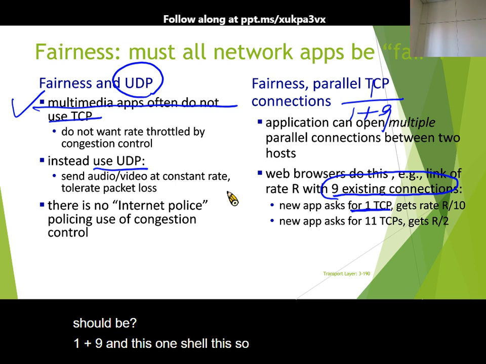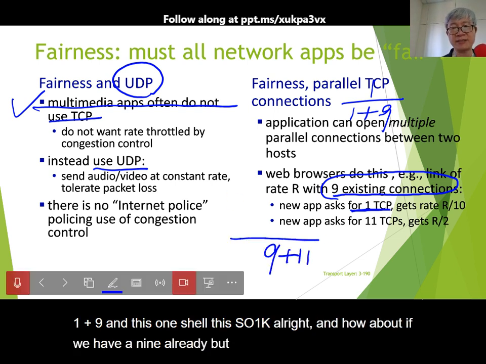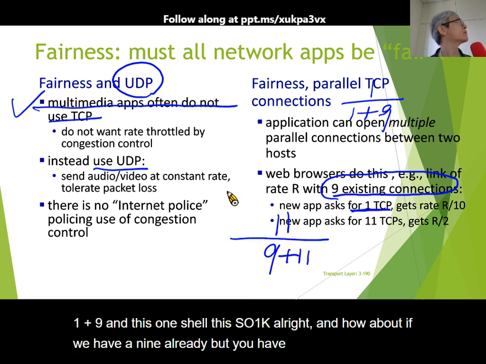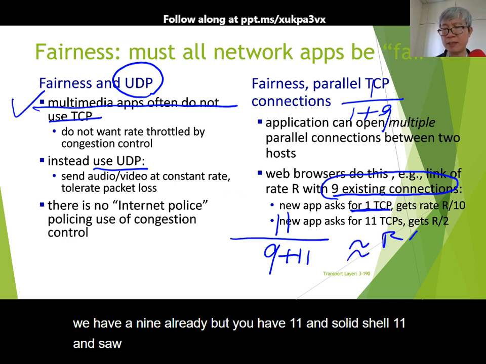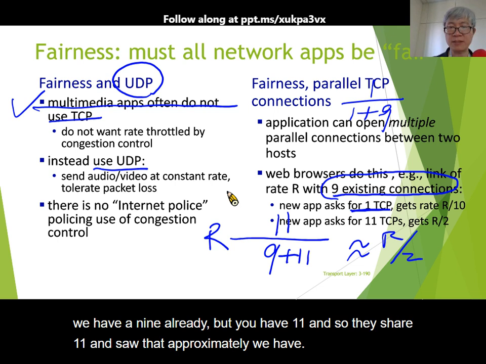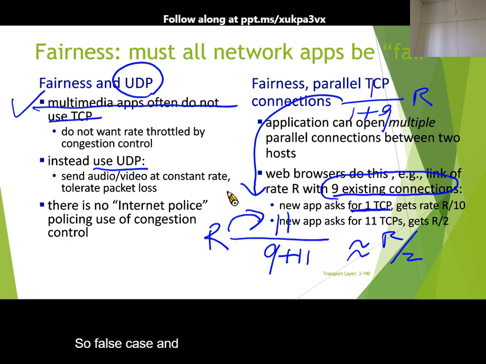Alright, and how about if we have 9 already, but you open 11? Then we share among 20, and approximately we have these. So first case and second case. That says because of fair TCP, you can have more connections. More connections, then you can share more, and that's it.